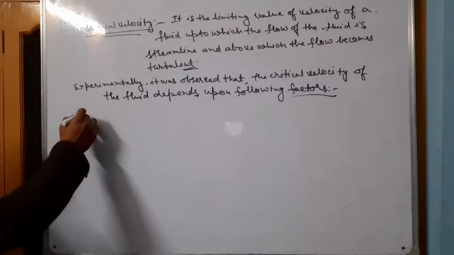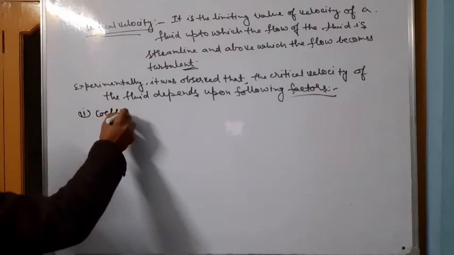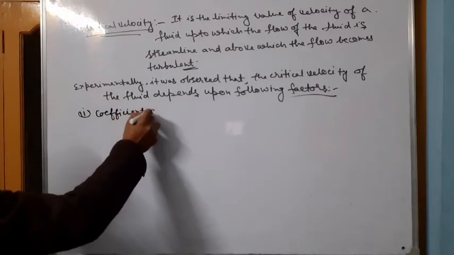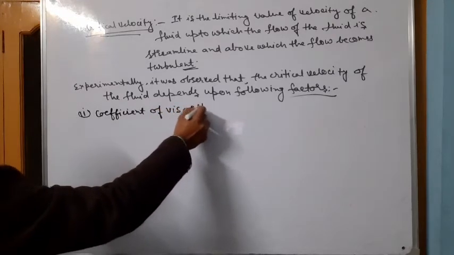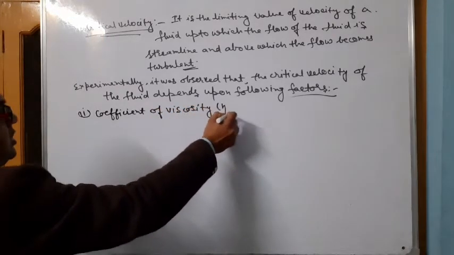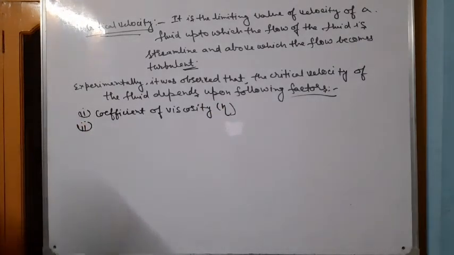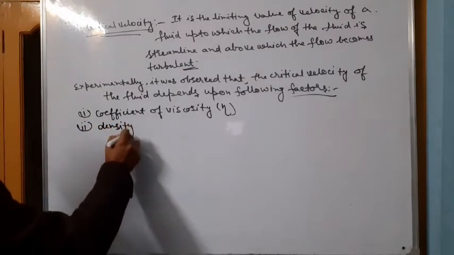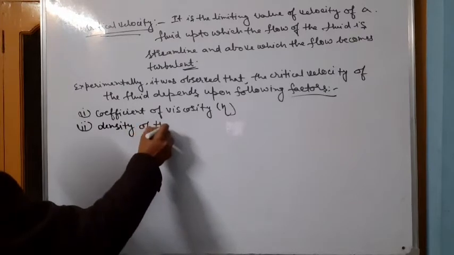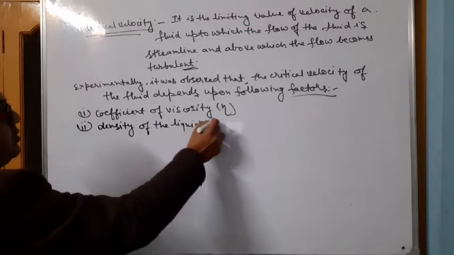That is, first one is the coefficient of viscosity, that is equal to eta. The second thing, it will depend on the density of the liquid, that is equal to rho.